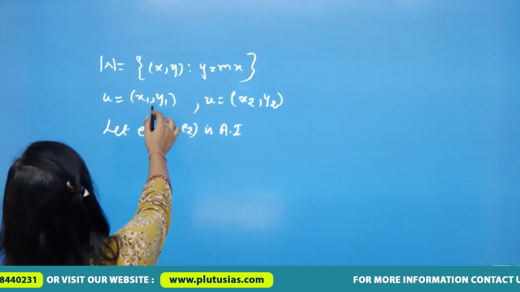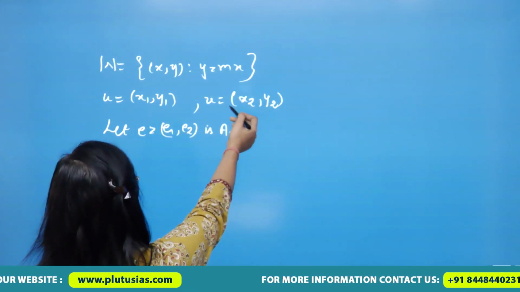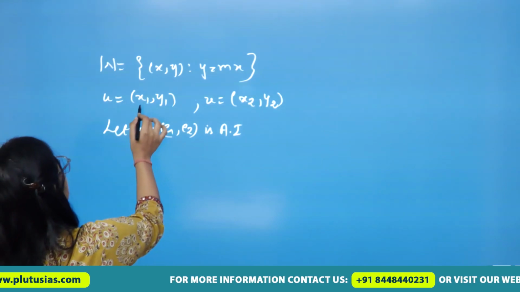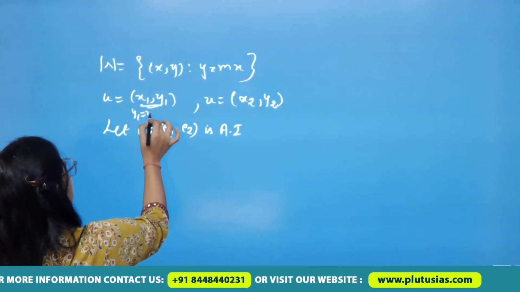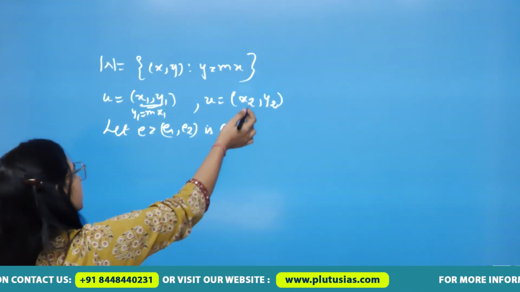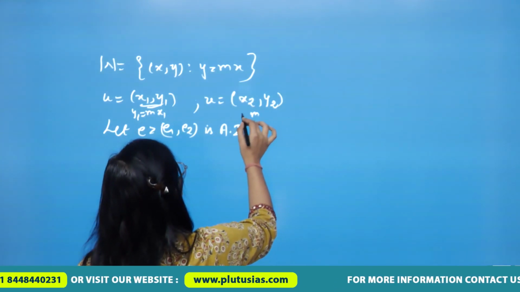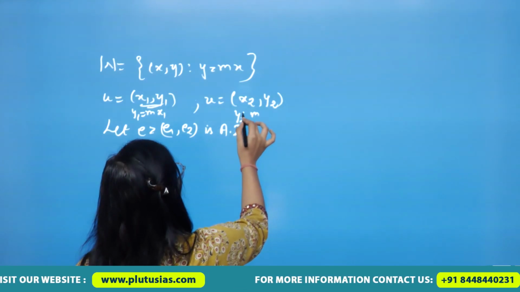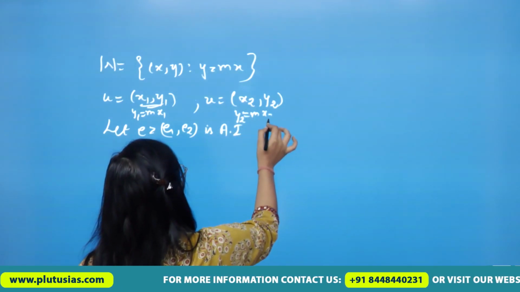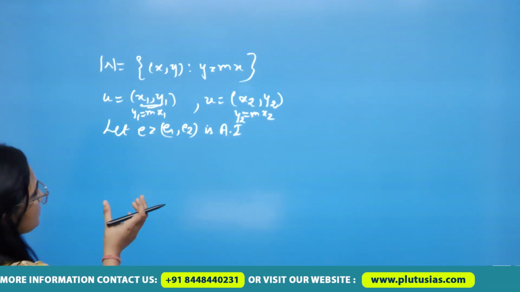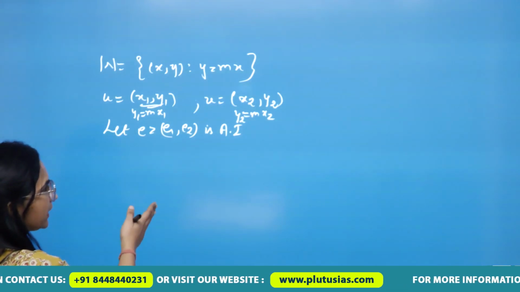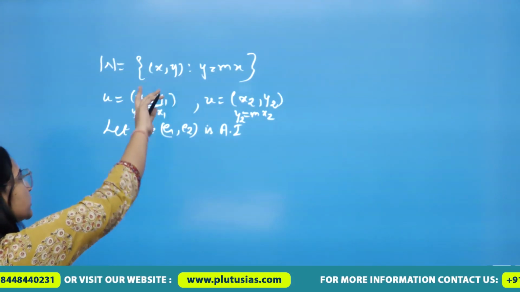If u belongs to this and v belongs to this, that means these elements satisfy this condition, that is y1 is equal to mx1 and y2 is equal to mx2, right?